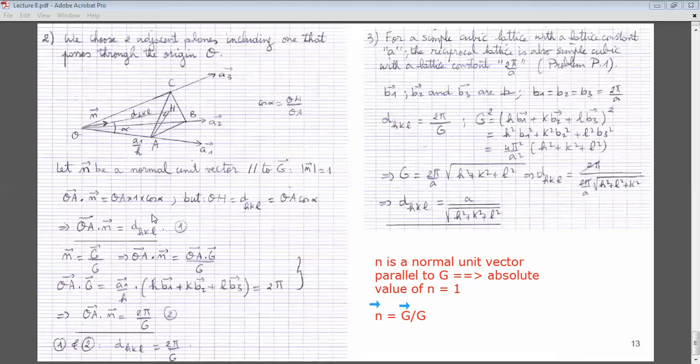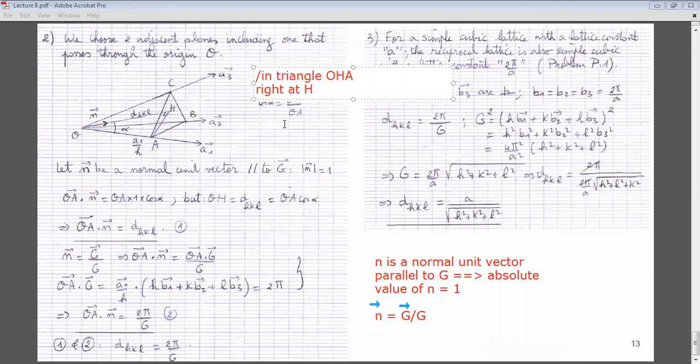But cosine alpha, now if you look at this triangle OHA, right-angled at H, what is cosine of the angle alpha?